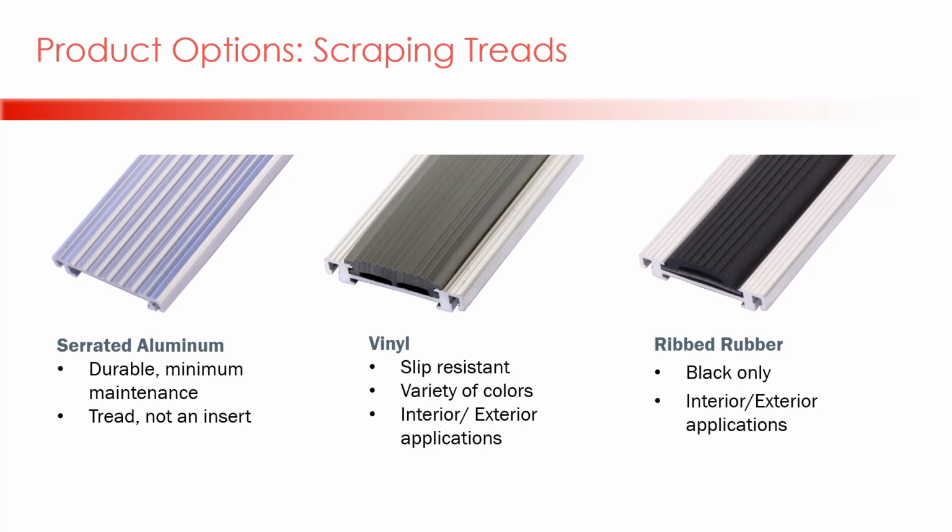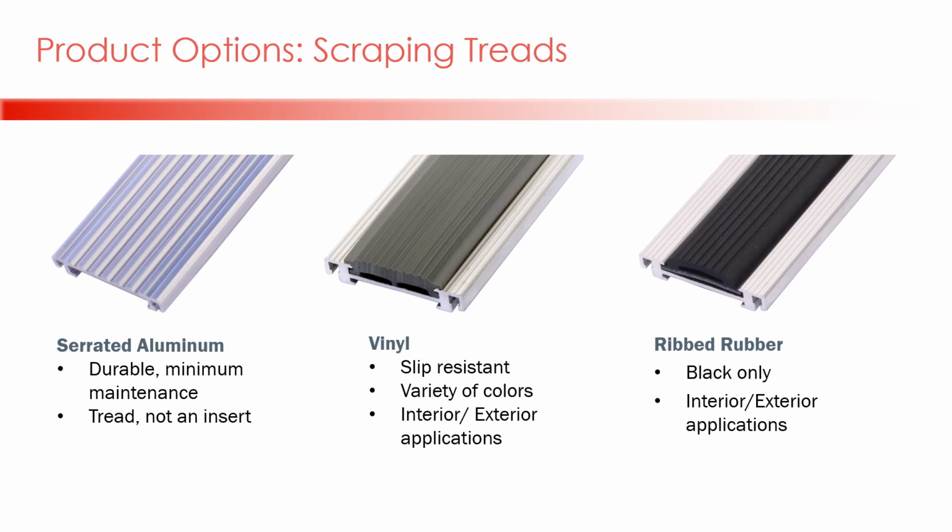The only color choice is plain aluminum because any anodized finish will quickly wear through. They do provide good scraping action, but no absorption. If they are to be used in exterior applications, they should be used in covered areas, because moisture could freeze on them and become slippery.